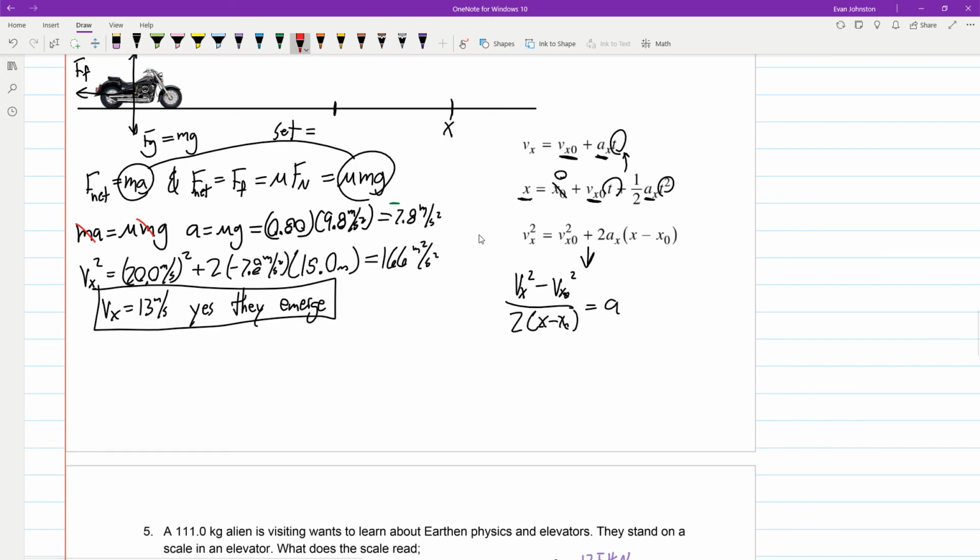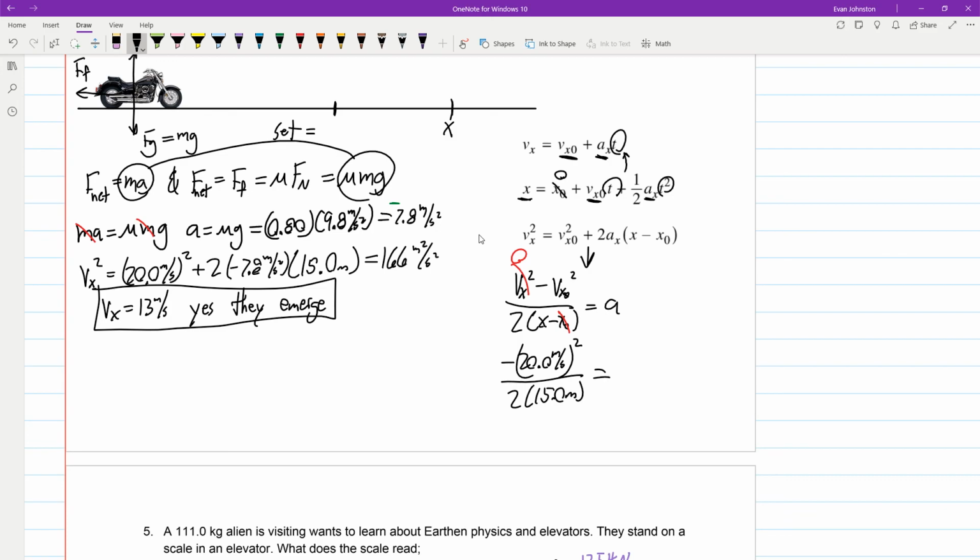Again, if it's stopping right at the 15 meters, its final speed is 0. And we can plug in negative 20.0 meters per second, squared, over 2 times this 15 meters that it travels.